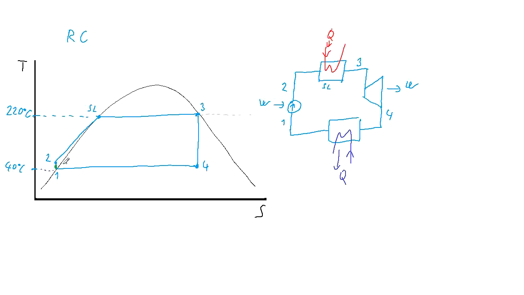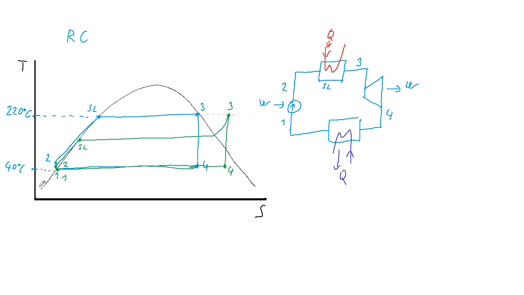So point 2, let's draw this cycle in green, will be lower. Then again there would be some point of saturated liquid, evaporation, superheating, so that we get to the same temperature, and then expansion in the turbine to point 4, which will be over here, and heat rejection back to point 1, which will be the same for both cycles.